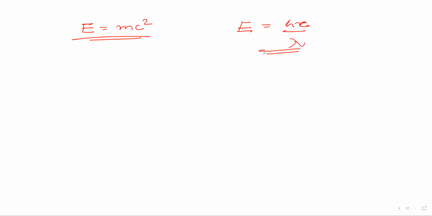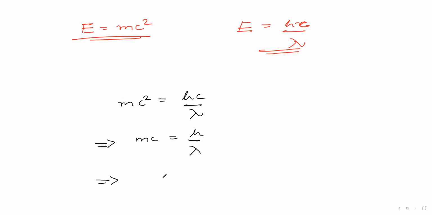Correct. Now, de Broglie was very clever. What did he do? He equated these two things: mc square is equal to hc upon lambda. Now we can say that mc will be equal to h upon lambda.